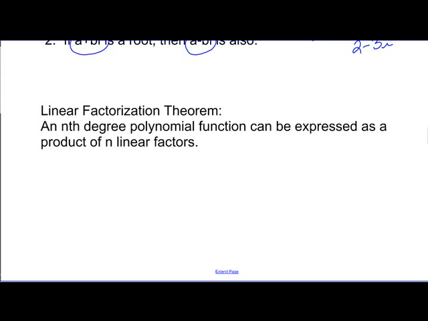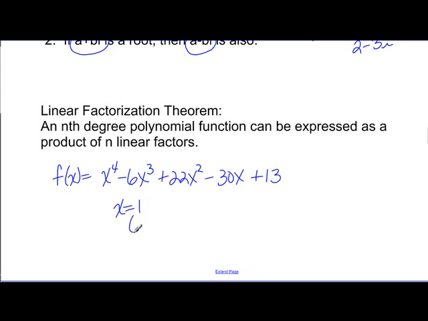So in our last example, our function was x to the fourth minus 6x cubed plus 22x squared minus 30x plus 13. And we found that the zeros were x equals 1, and that was a double zero, x equals 2 plus 3i, and x equals 2 minus 3i.